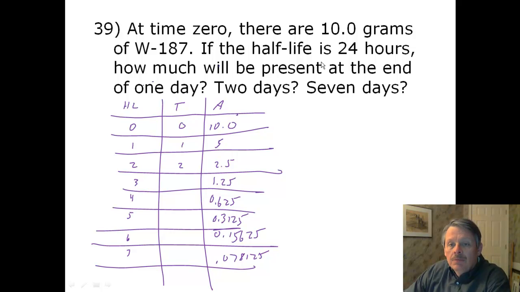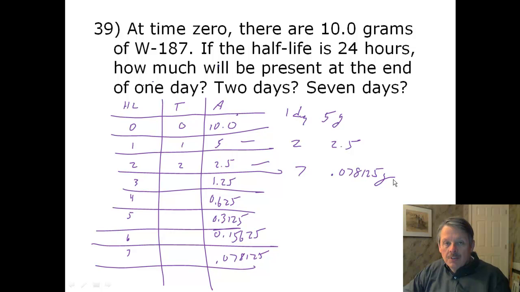Well, after 1 day, there's 5 grams left. After 2 days, there's 2.5 grams left, and after 7 days, there is 0.078125 grams left. Obviously, I ignored sig figs, but you get the idea.